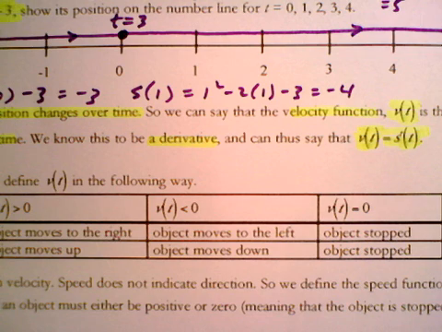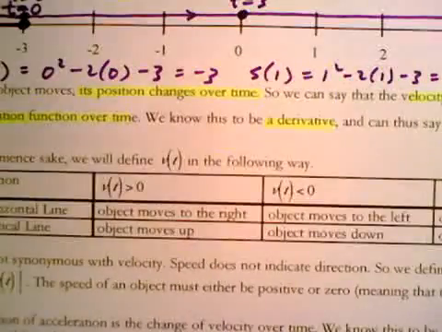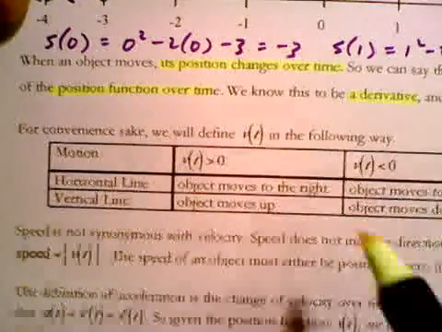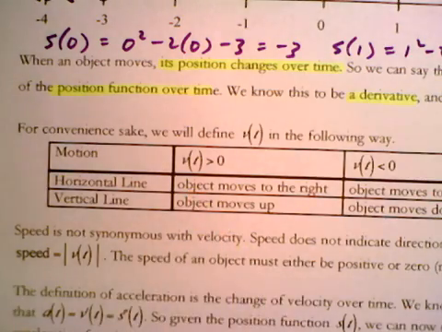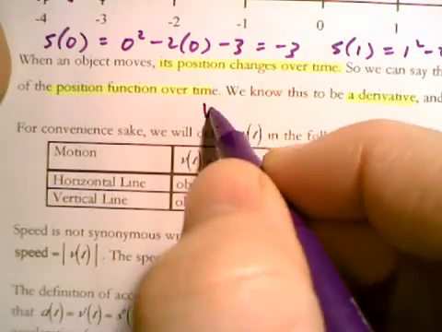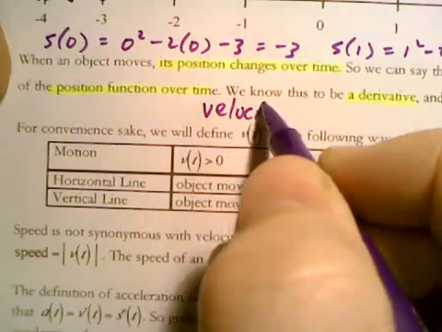Okay, and another thing to define, which is kind of cool, is that if we know the velocity, or at least the sign of the velocity, we can determine in what direction the object is moving. And let me have you write this down. This is a really important concept.